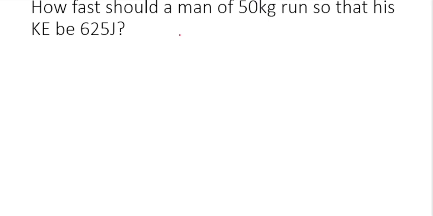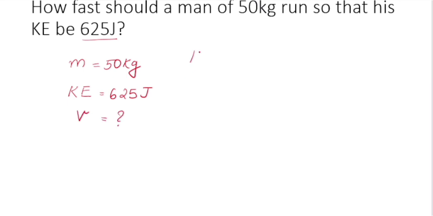How fast should a man of 50 kilogram run so that his kinetic energy be 625? So we know mass is equal to 50 kg, it's an SI unit, and his kinetic energy is also given, it should be 625 joule. So what are we supposed to find out? We have to find his velocity. Kinetic energy is equal to half mv square.